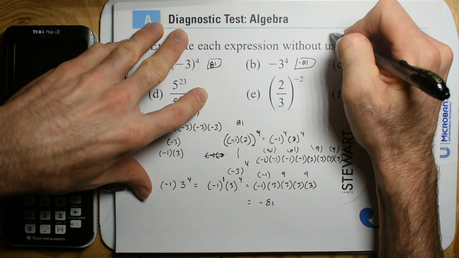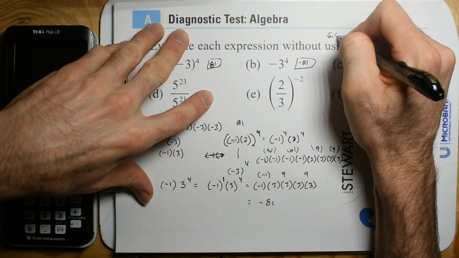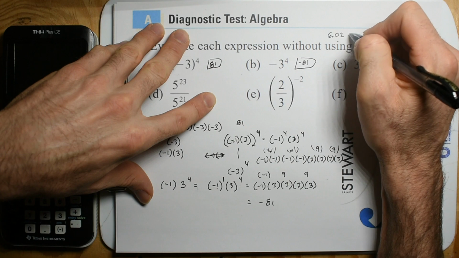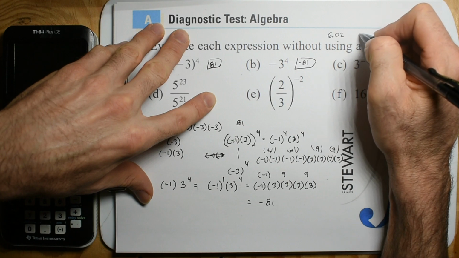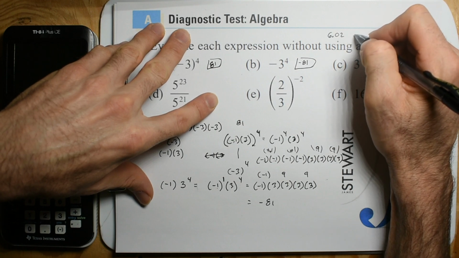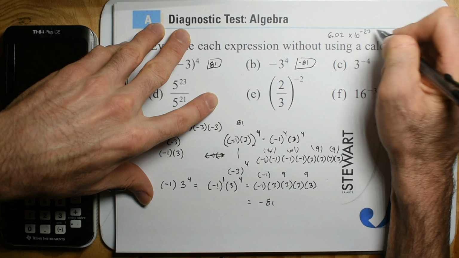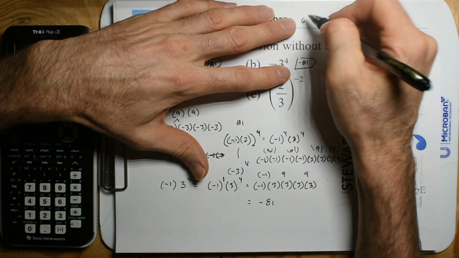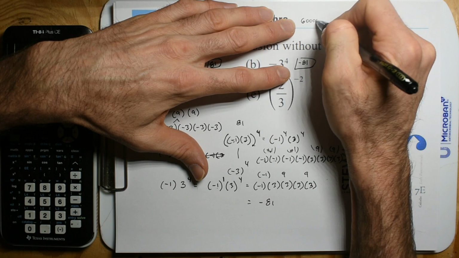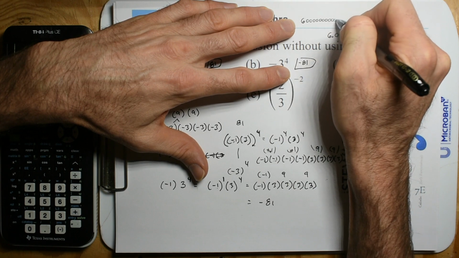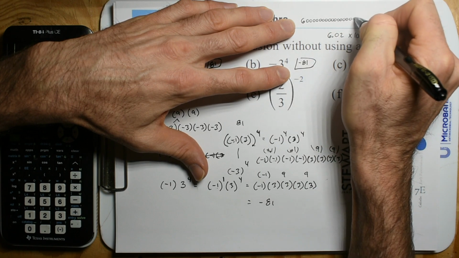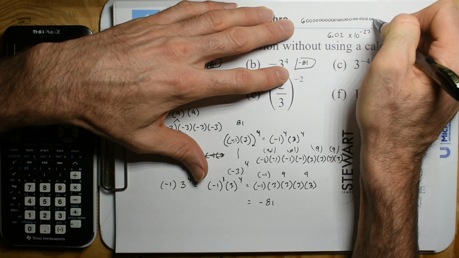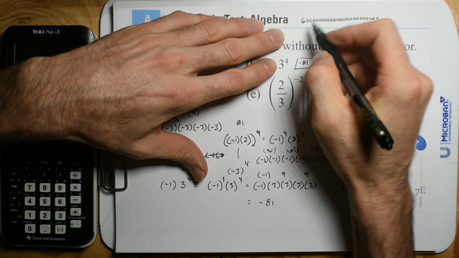Even if you're in chemistry, writing out that number, 6.02 times 10 to the 23, I mean, how hard is it to write 6 and then 23 zeros? Let's do it. 1, 2, 3, 4, 5, 6, 7, 8, 9, 10, 11, 12, 13, 14, 15, 16, 17, 18, 19, 20, 21, 22, 23. It's not that hard.